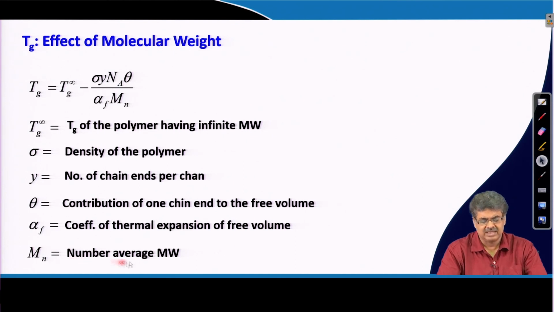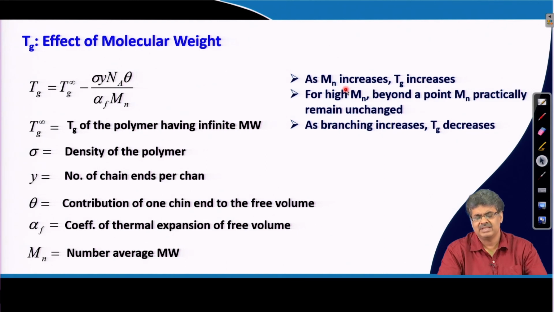Mn is the number average molecular weight. Hence, as the molecular weight increases, the Tg value approaches a limiting value, which is for infinite molecular weight.